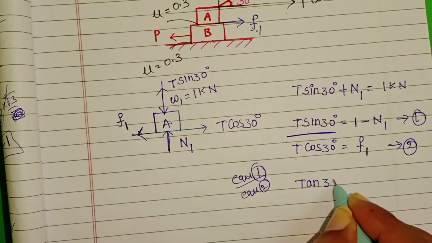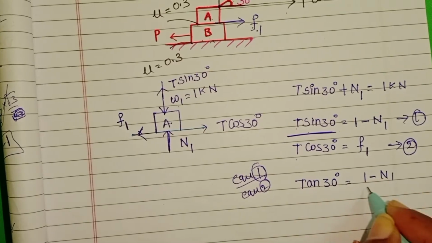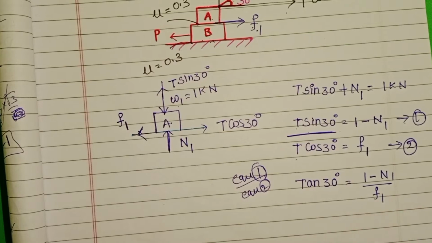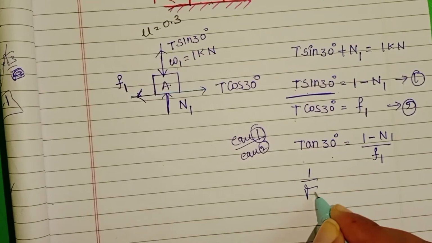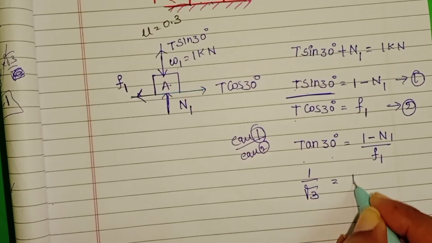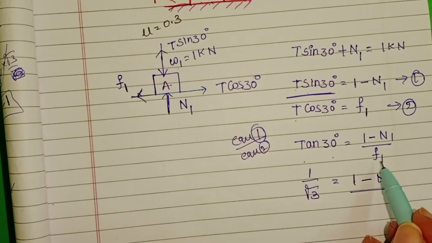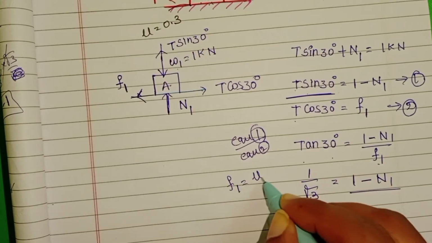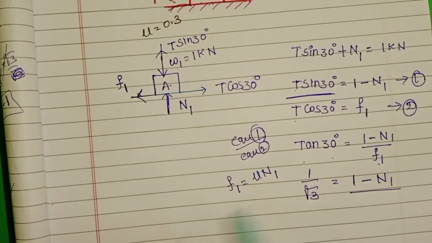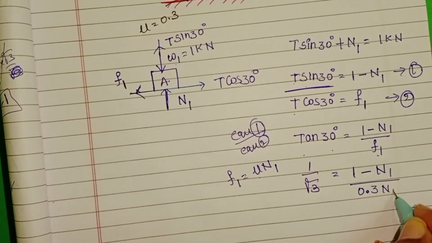Tan 30 degrees is equal to (1 minus N1) by F1. Tan 30 value is 1 by root 3. Here we know F1 is equal to coefficient of friction into normal force, given coefficient of friction is 0.3, into N1.